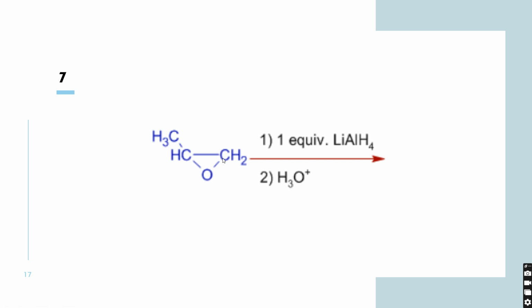So you have to choose which carbon it will attack. When it comes to hydride donation, you have to always remember the less sterically hindered position is attacked first. This carbon is substituted with one methyl group, whereas this carbon is not substituted with any other alkyl chains apart from the epoxide ring. So if we talk about the steric hindrance, this carbon is the least sterically hindered one.